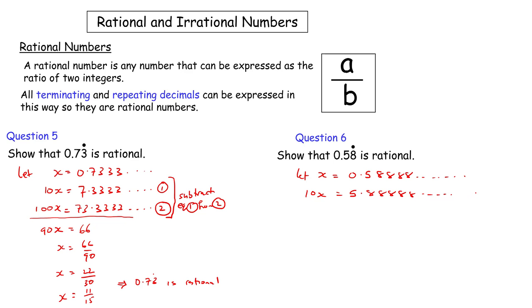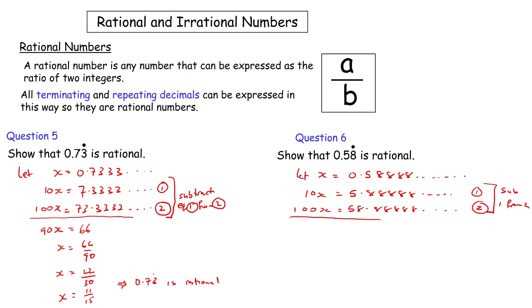Okay, that's equation 1. And if I multiply by 100 x, I get 58.88888, which shows me then what's after the decimals. And by subtracting 1 from 2, I get rid of the decimal places. So subtract 1 from 2.